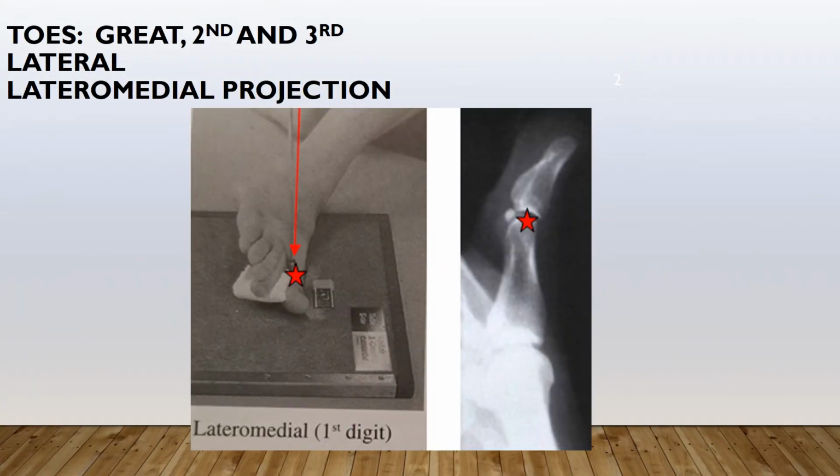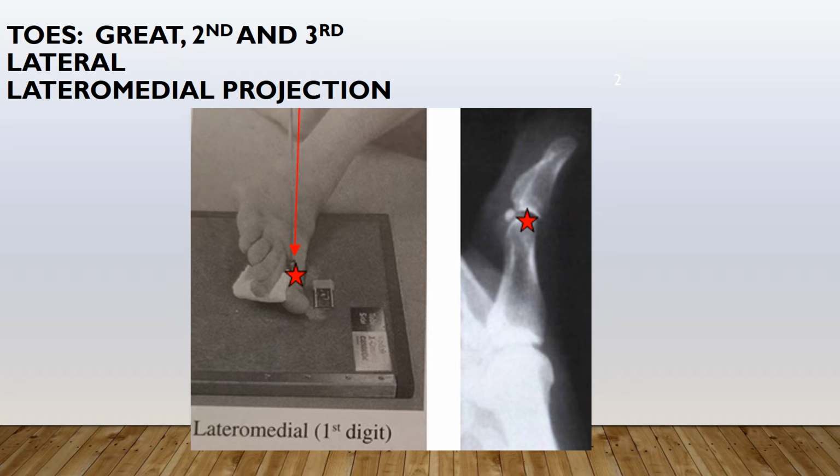When I move on to my lateral toe, once again, if I am x-raying the great, second or third toe, I'm going to have the patient lying upon their unaffected side. I'm going to place the support under the affected knee and adjust the patella perpendicular to the table. I'm going to center the toes and adjacent plantar surface to be perpendicular to the image receptor.